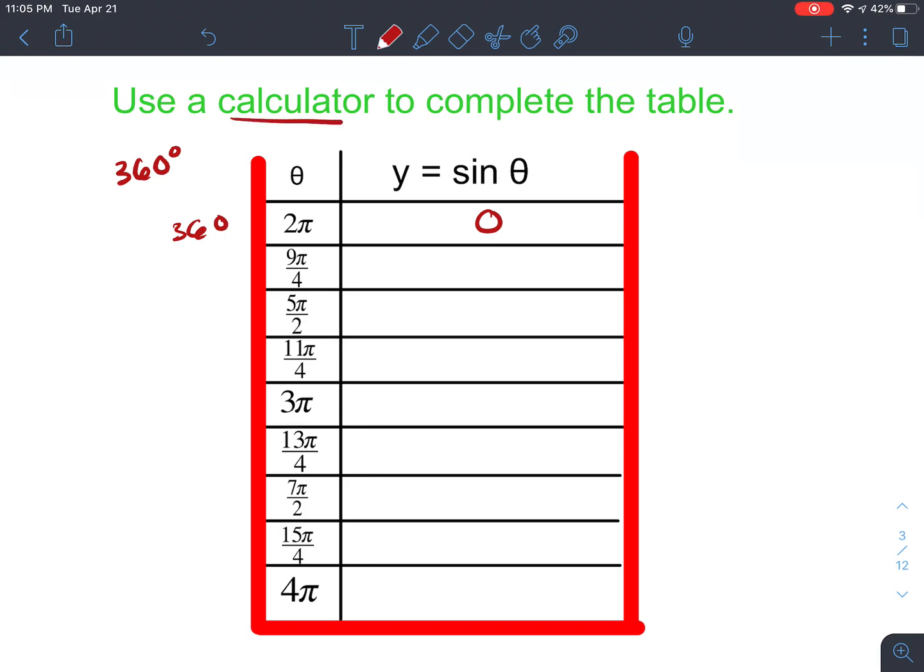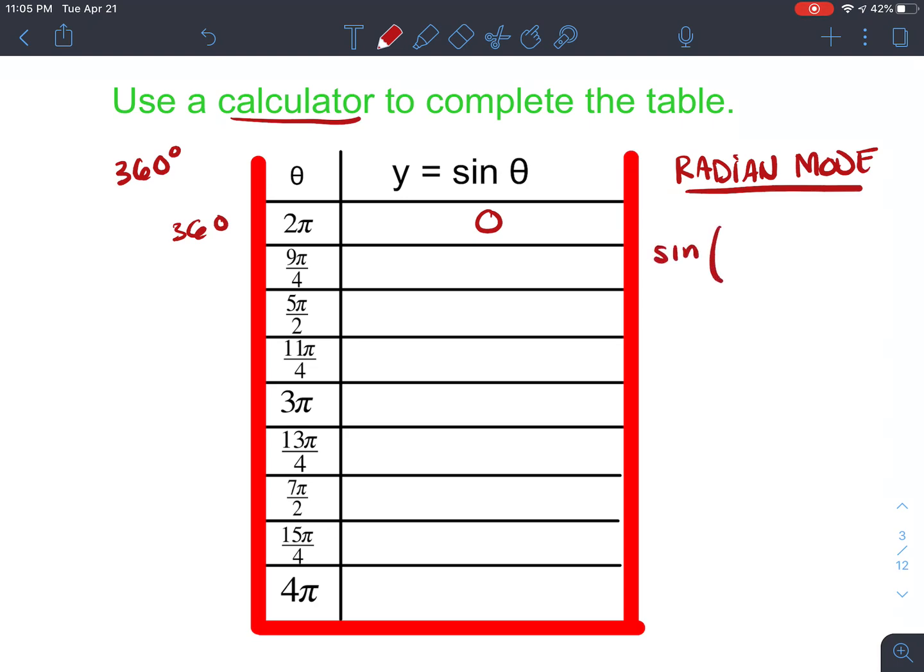Okay, so now you can use your calculator for this. The one thing you want to make sure that you do is make sure your calculator is in radian mode. Now your calculator should automatically be in radian mode if you have not changed it. But remember, you can press the mode key. Just make sure the little black box is around radians. You will not get the correct values if it is in degree mode.